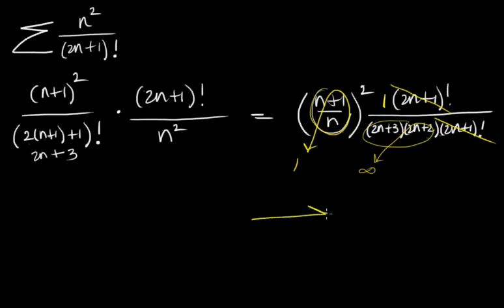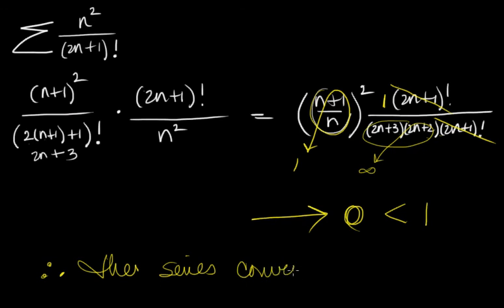This factor here is going to 1. And so I know that the limit here is 0. Again, I got a finite limit less than 1, and I can say therefore the series converges by the ratio test.